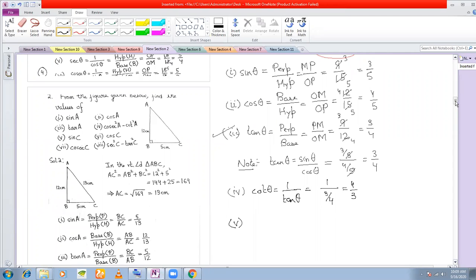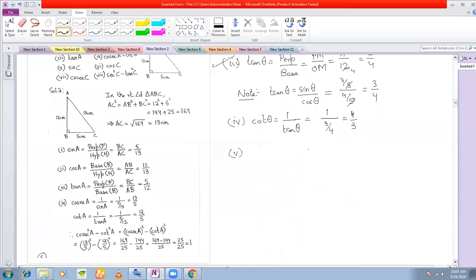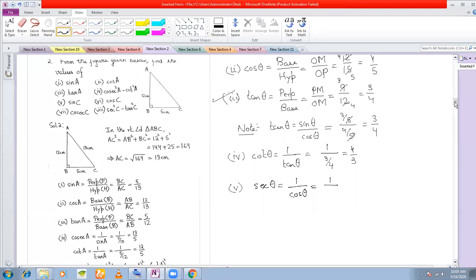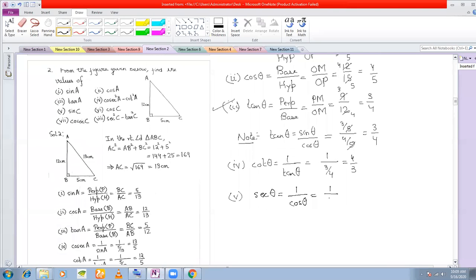Next one is sec theta. Sec is the reciprocal of cos, and the value of cos we have got here as 4 by 5. So put 4 by 5, we get 5 by 4. The last one is cosec theta.